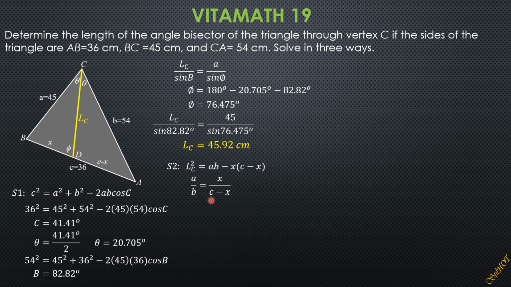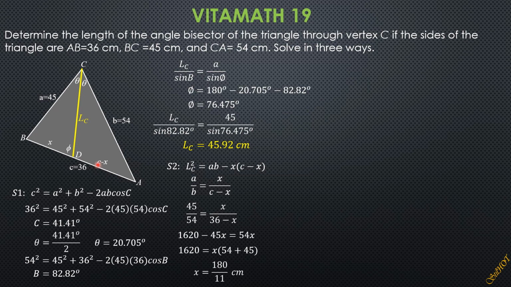So substitute 45 as to B, which is 54, equals X over 36 minus X. Cross multiply. 1620 minus 45X equals 54X. Therefore, 1620 equals X times 45 plus 54. X therefore is 1620 over quantity 54 plus 45, and that is 180 over 11 centimeters.